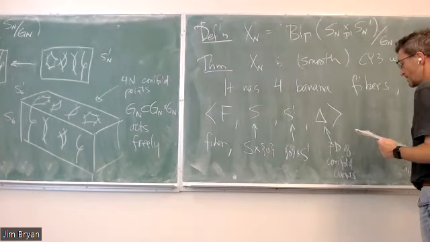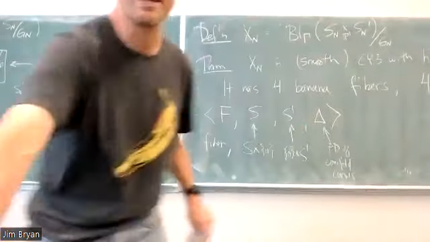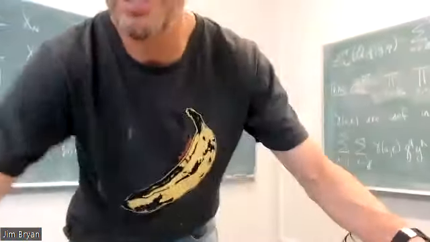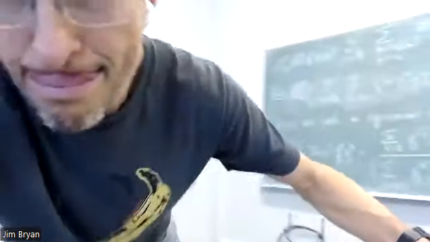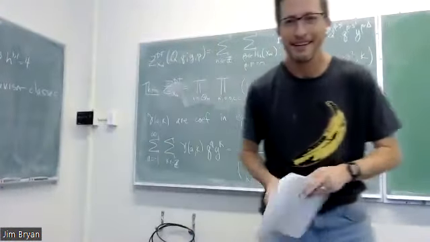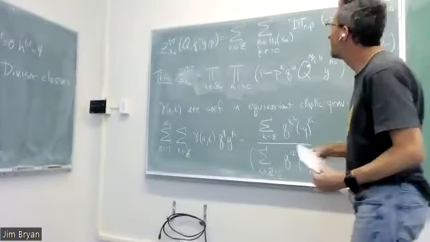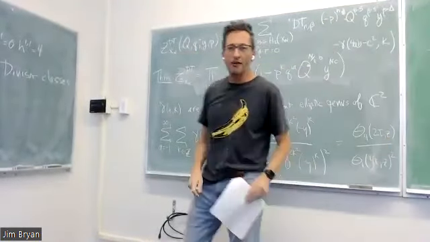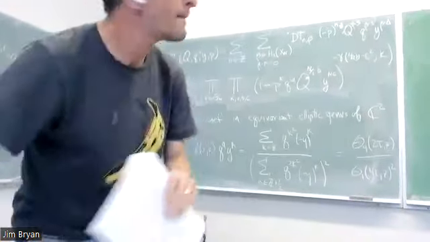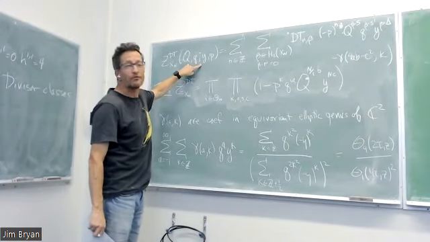Okay, so now, ready for the big reveal here. So I've got 4 classes, and I'm going to compute the Donaldson-Thomas partition function. Let's see, can everybody see that? So what is the Donaldson-Thomas partition function?